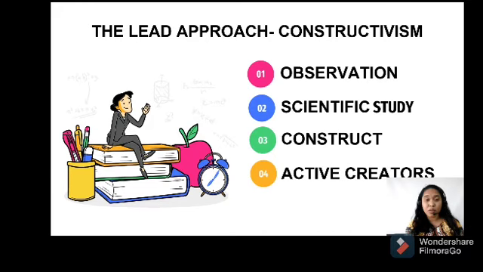In any case, we are active creators of our own understanding. To do this, we have to ask questions, explore things, and assess what we know. In the classroom, it is important to encourage our students to use active techniques of learning.